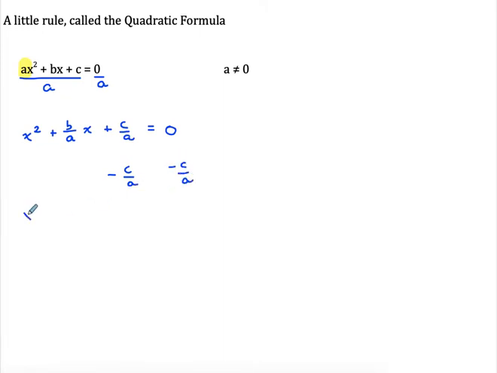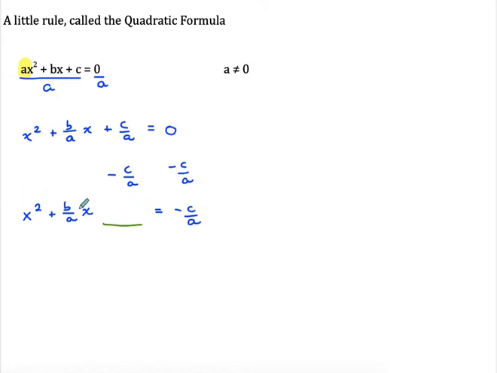And so now I've got x squared plus b over a times x, leave a little space there because I'm going to complete my square, with some value is equal to negative c over a.